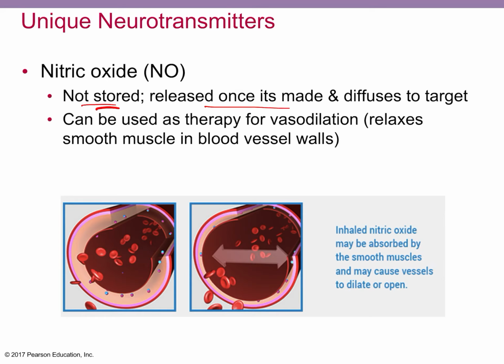So there's an enzyme that can create nitric oxide. It's tiny, it's a gas, and it's permeable through membranes. And so once it's made, it diffuses out of the cell, and it travels in the bloodstream, and it can reach its target cell. So it's unique in the fact that it doesn't have to work at the cleft, that it can diffuse out away from that cleft and have action further out.